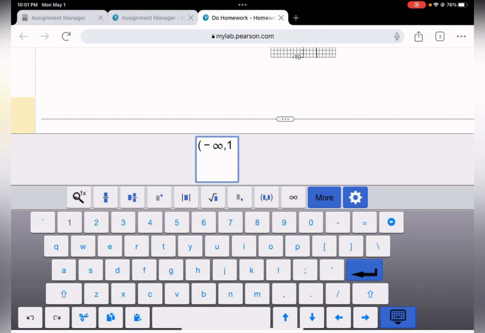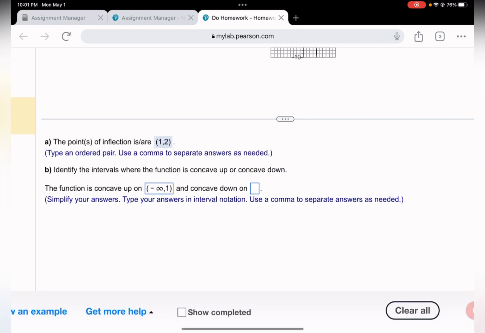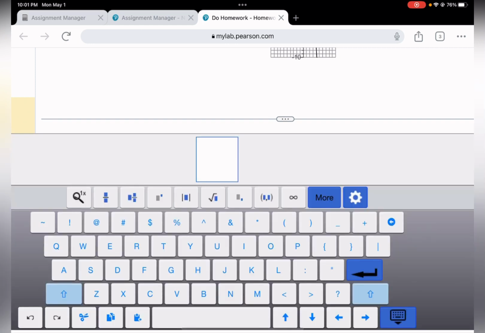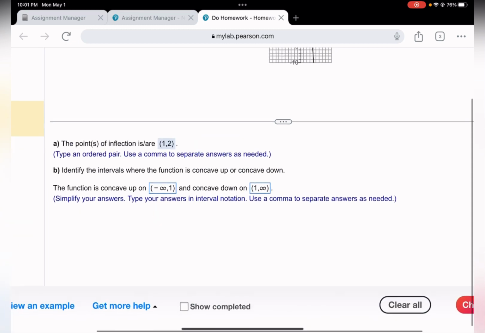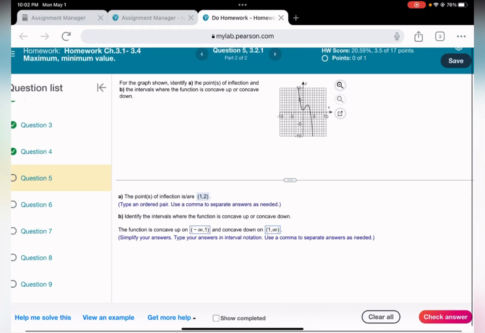Was it 1 or 2? I think 1, yeah. Closing parenthesis. Okay, and 1 to positive infinity. Concave down, let's check.